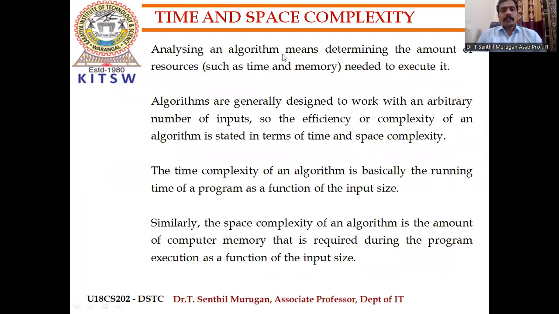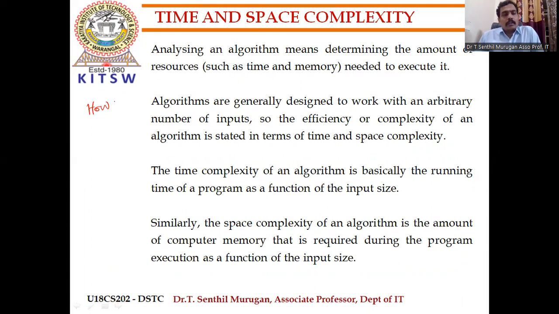So what is complexity? Time and space complexity means how much time it will take to execute that particular program, or how much space is required to execute that program. That is considered as the time and space complexity. So we must know how much time is taken to complete the task. That is time complexity.